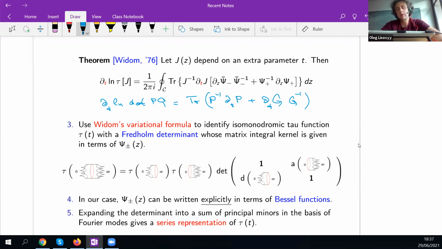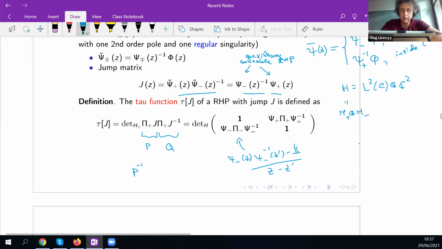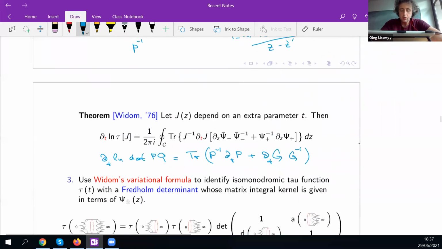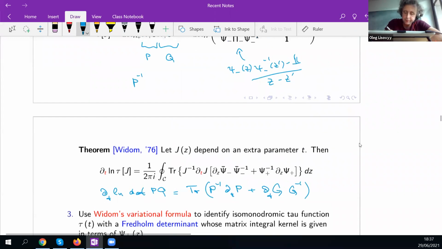Now, if our Riemann-Hilbert problem comes from isomonodromy, like in this example that I am focusing on, Painlevé 3, then remember that this matrix here is essentially the fundamental matrix solution of our linear system. Therefore, this fundamental matrix satisfies certain linear differential equations in z, as well as in the time variable.